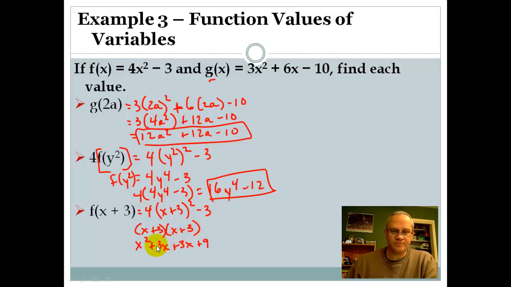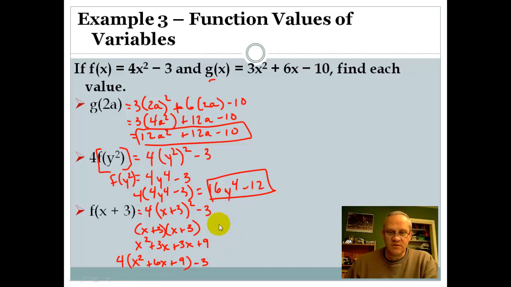And so then we have to, well, let's combine the like terms here. So x squared plus 6x plus 9. But we have to take that times this 4 here. And then we also have this minus 3 out at the end too. And so let's finish this up here. We're going to distribute.